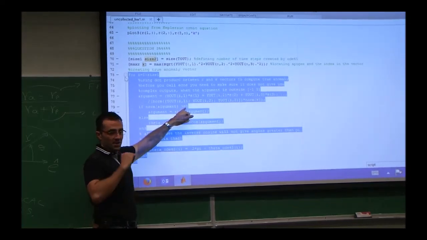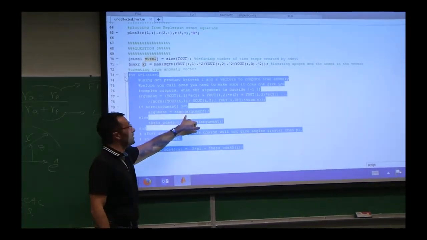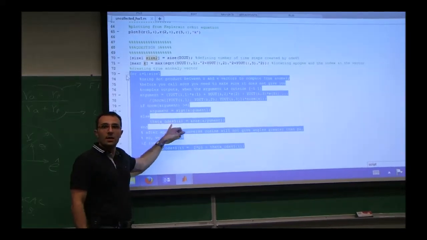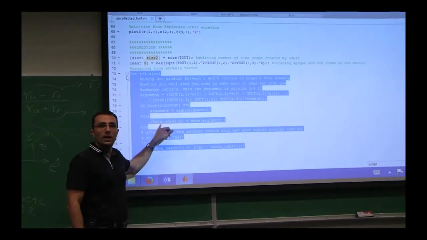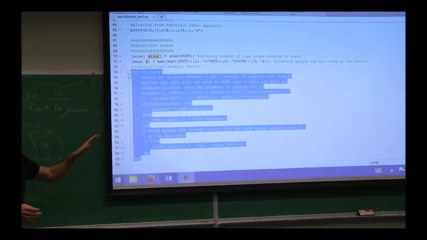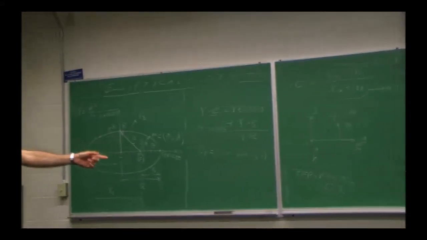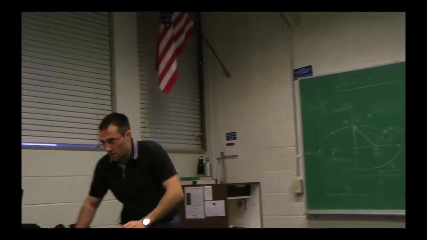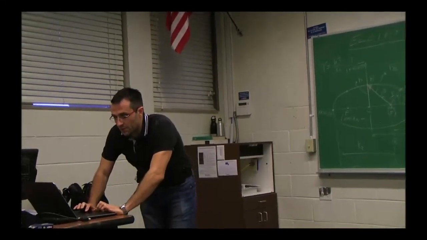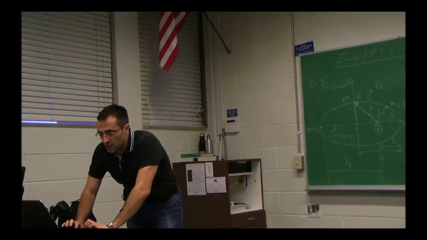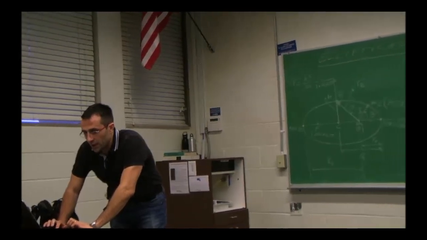If it's above 1, I just set it to 1 or minus 1. That's what I'm doing here. So all these things come with you developing your own code and debugging the code line by line, because otherwise you don't know what's going on. When I did it the first time, I actually forgot about that, and I was getting complex stuff out, and it wasn't making any sense. So this is basically what all this if then else is doing.